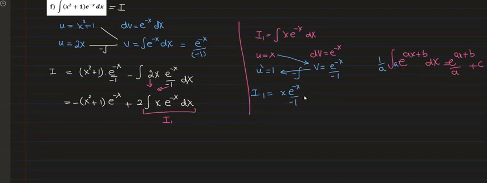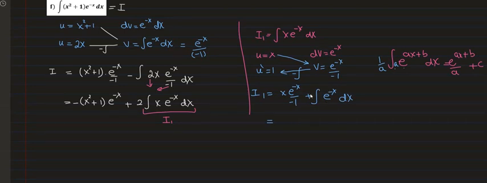We can simplify this later. Minus integration, and there is a minus here. So minus times negative is positive, and the integration is going to be e to the power of negative x times 1. So we have only e to the power of negative x dx.